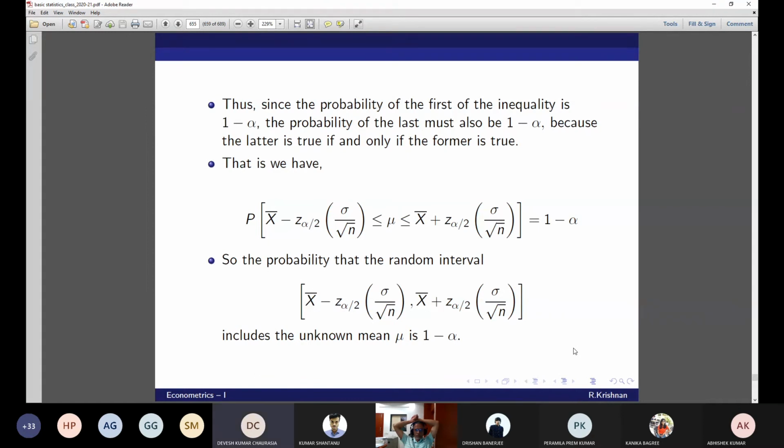Hello, sir. I have a question. Suppose we have two models. In the first model, our null hypothesis is that mu is less than mu1, and the alternate is mu is greater than mu1. And in the second model, we take just the opposite: mu greater than mu1 as null, and mu less than mu1 as our alternate.